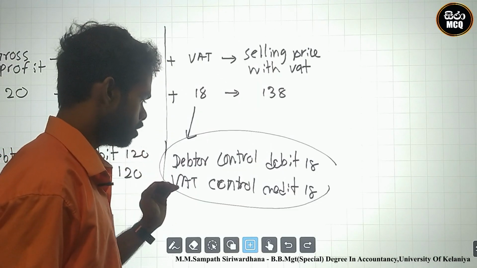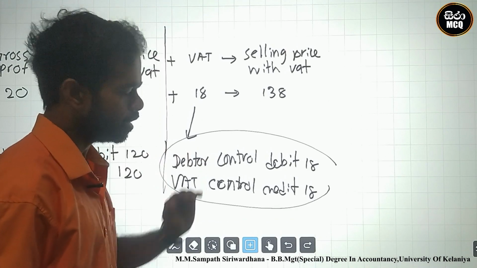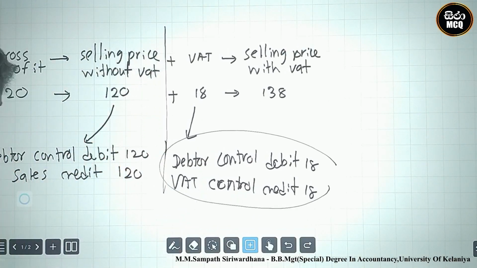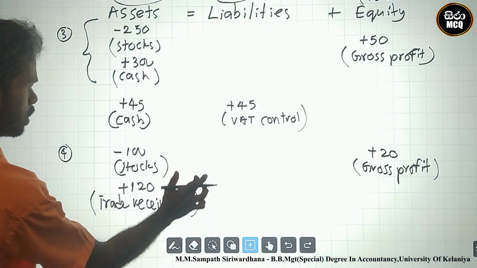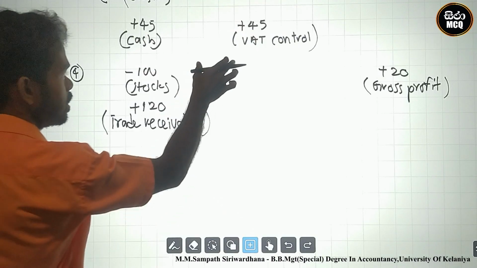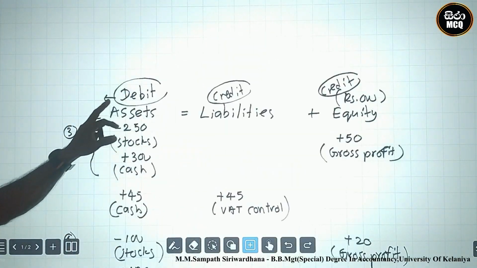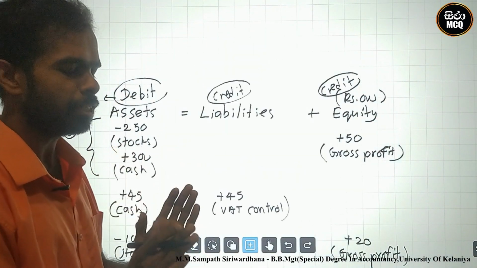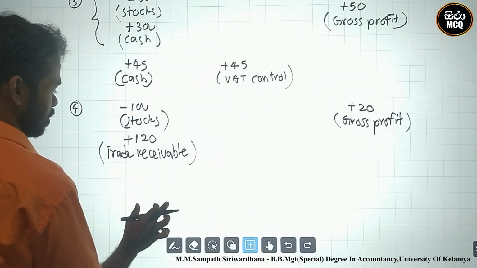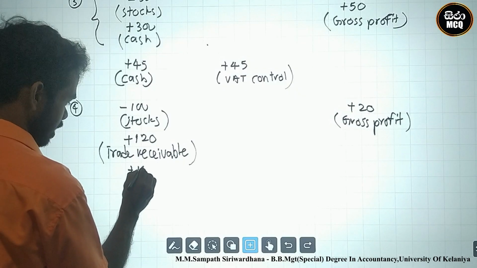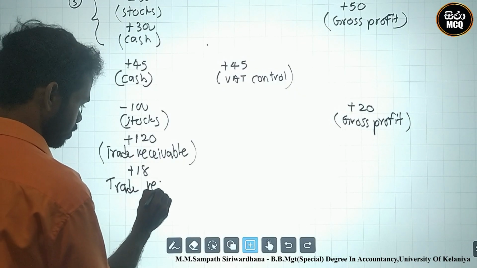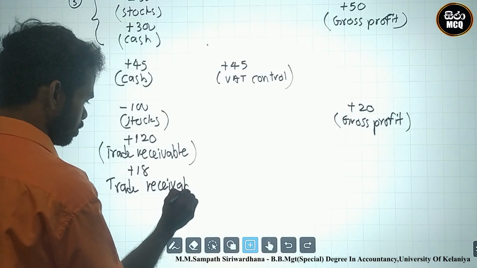The next one is this one, debtor control debit. Debtor control is an asset, debit shot. Therefore, debtor control is an asset. Assets are debit dials. Look here, assets are debit dials. Debtor control debit, no. Therefore, we must add this one, debtor control. We must add 18 trade receivable.